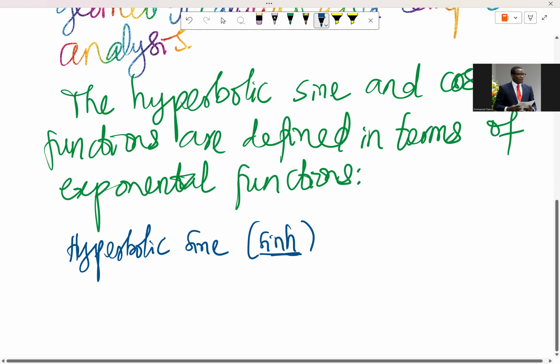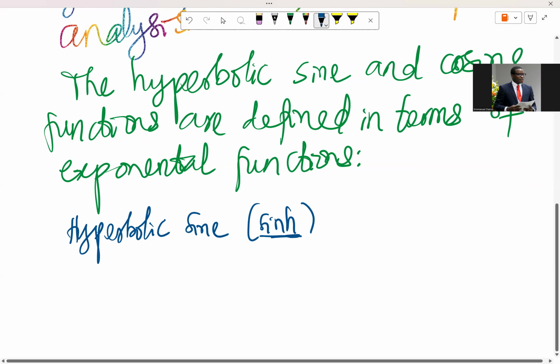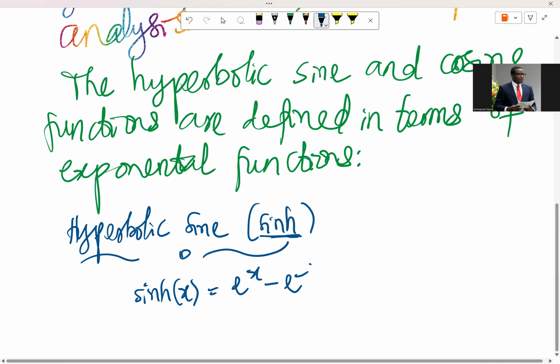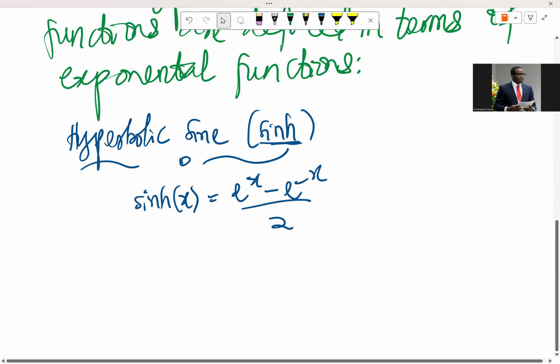So we have that as sinh x is equal to e raised to the power x minus e raised to the power minus x, divided by 2. That is what hyperbolic sine is.